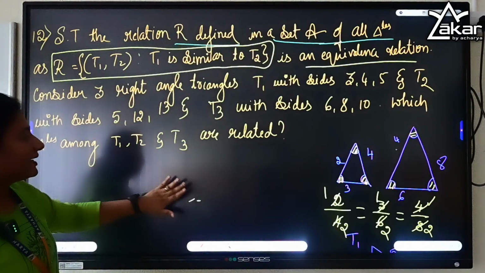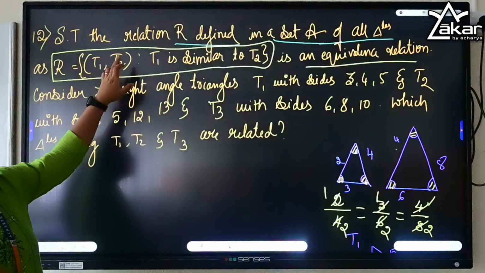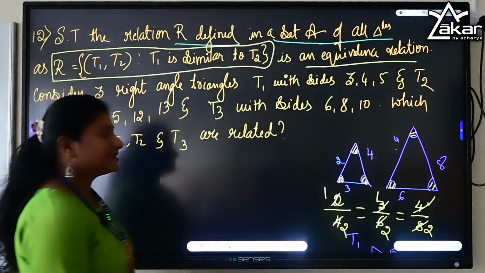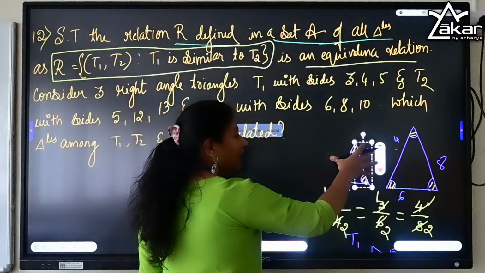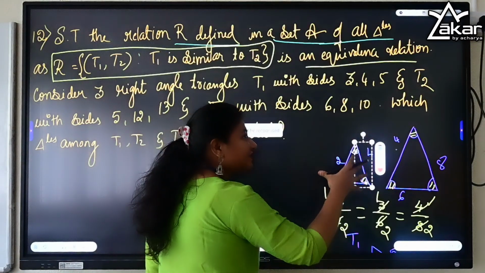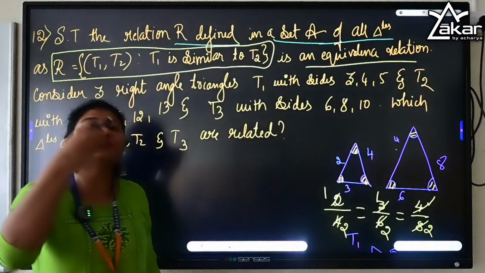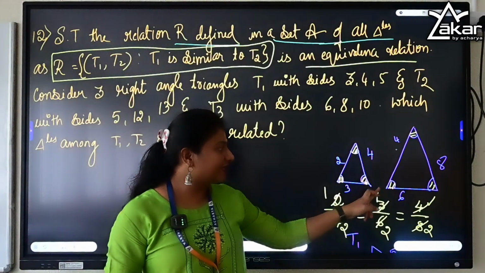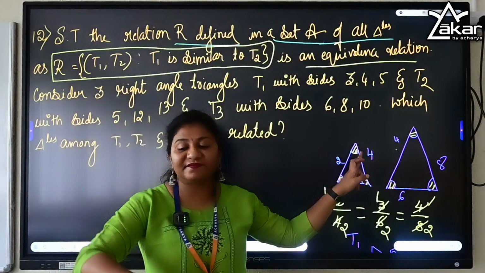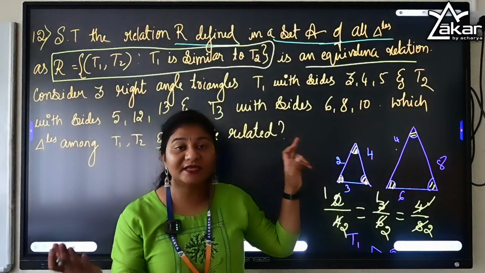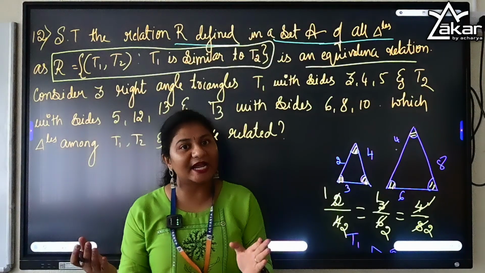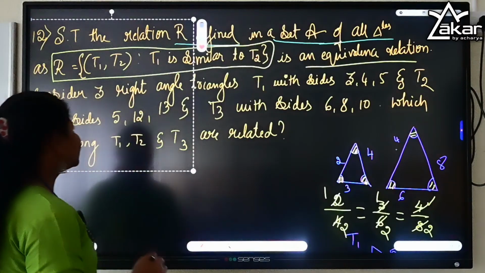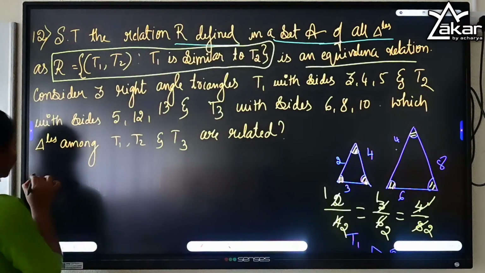So let us first prove whether it is an equivalence relation or not. Suppose I consider a triangle 1. For the reflexive property, it should relate to itself.